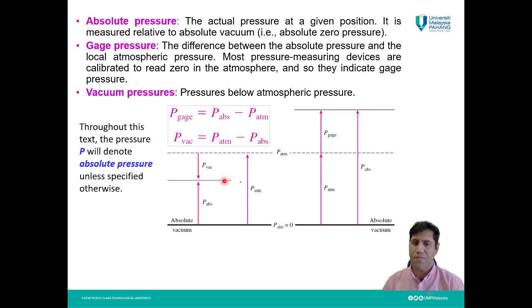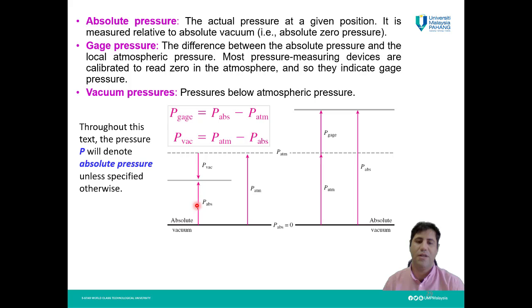What about vacuum? It is the time when we reduce the pressure. Imagine we bring the air out of something, we reduce the pressure from that. You can see here P atmosphere is constant like before, 100 something at sea level.